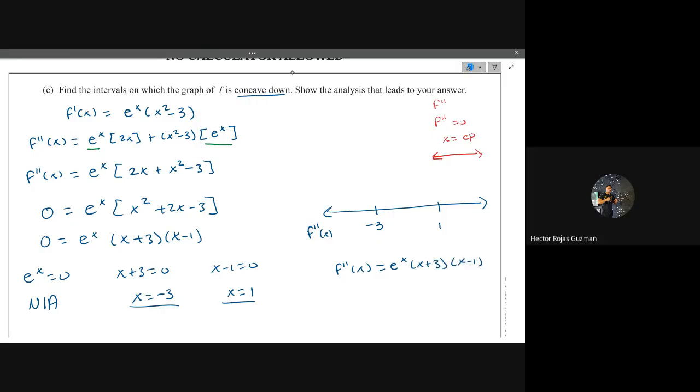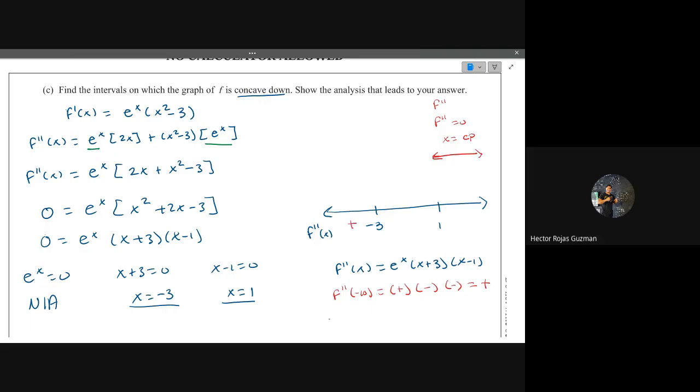So let's plug in negative 10. E to the power of negative 10 is positive. Negative 10 plus 3 is negative. Negative 10 minus 1 is negative.